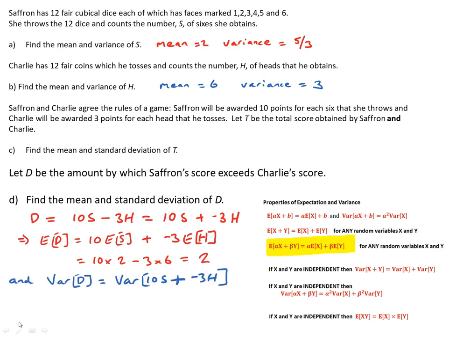The variance of D is the variance of 10S plus minus 3H.